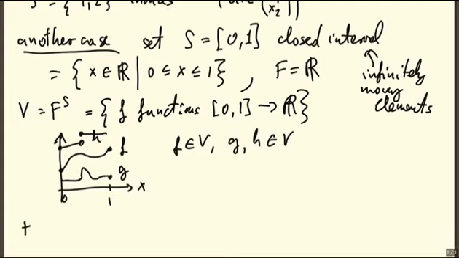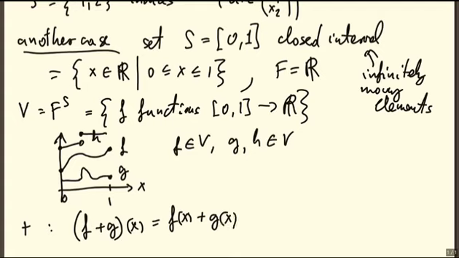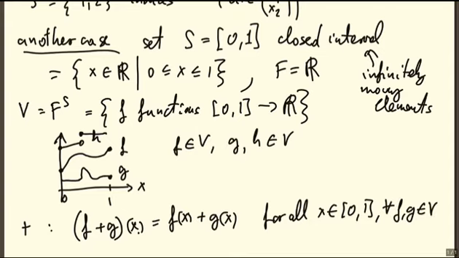The addition would be defined like regular function addition. So the way we define the sum of two functions is that you evaluate the sum by adding together the values of the individual functions. f plus g is a new function, and its value at x is f of x plus g of x, for all x in [0, 1], and for all f, g from the vector space.